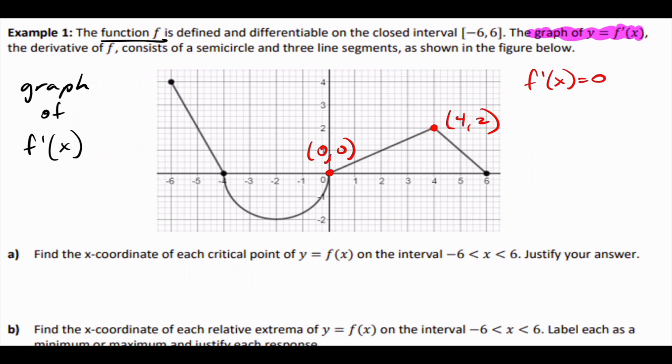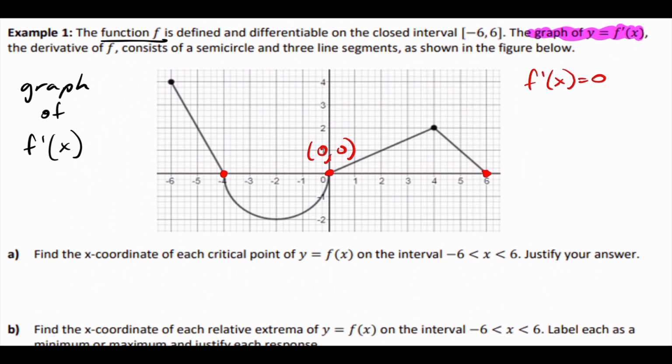So that means everywhere along this line here is going to be a maximum or minimum. So anytime it crosses the x-axis, there's going to be a maximum or minimum. Those 3 guys right there. On the original, we had a maximum or minimum at x equals -4, when x equals 0, and when x equals 6. Now, do I know if it's a maximum or minimum yet? No, I don't.